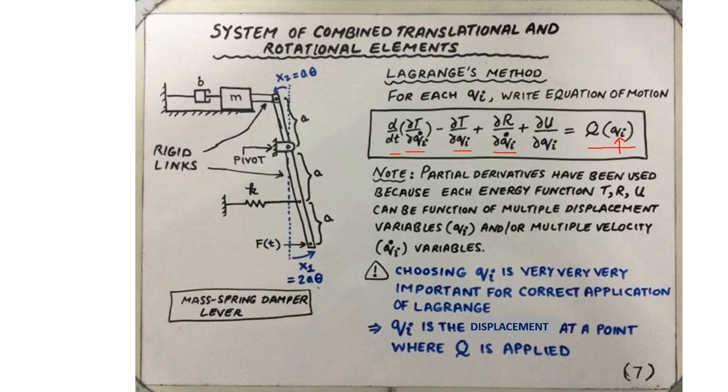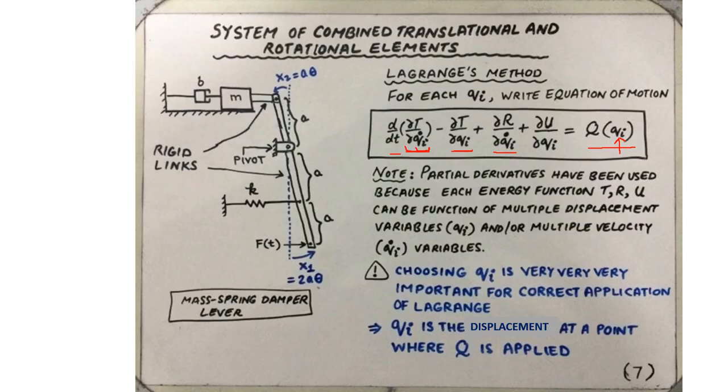Take a time derivative of the partial derivative of T, and T is the kinetic energy, remember. So partial derivative of kinetic energy with respect to the velocity qi dot, minus partial derivative of kinetic energy with respect to qi.